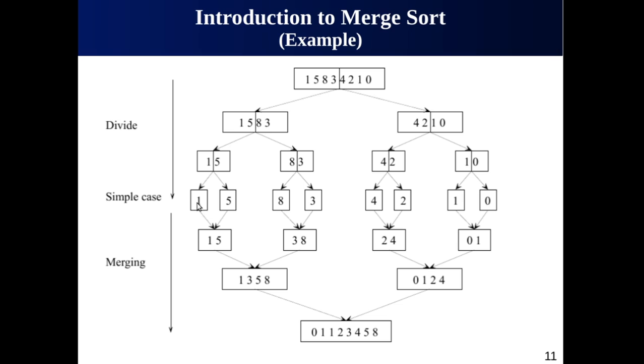We have to combine 1 and 5 in such a way that they give us a sorted sequence. We have to combine 8 and 3 in such a way that they give us a sorted sequence. We have to combine 4 and 2 in the same way, and similarly 1 and 0.